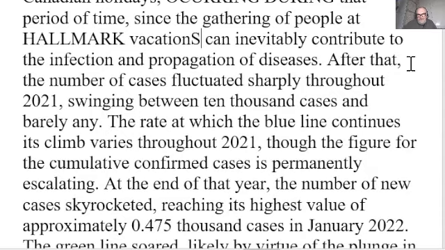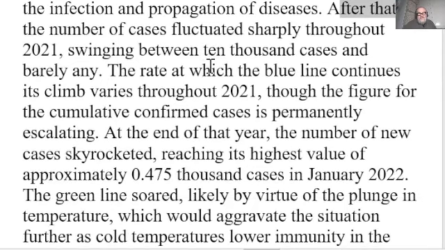After that, you've got a good selection of linkers here. The number of cases fluctuated sharply throughout 2021, swinging between 10,000 cases and barely any. I like this barely any, that's very nice. The rate at which the blue line continues its climb varies throughout 2021, though the figure for the cumulative confirmed cases is permanently escalating.